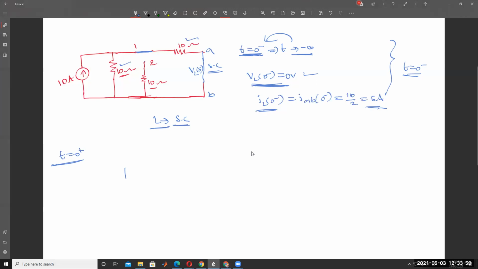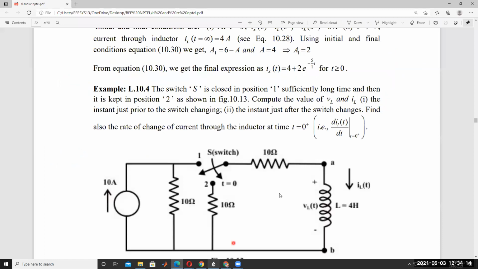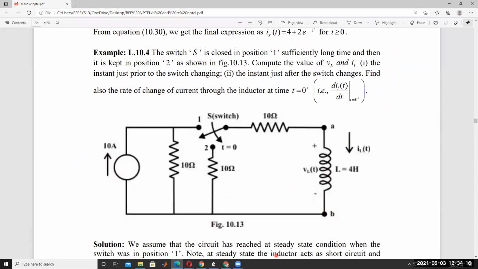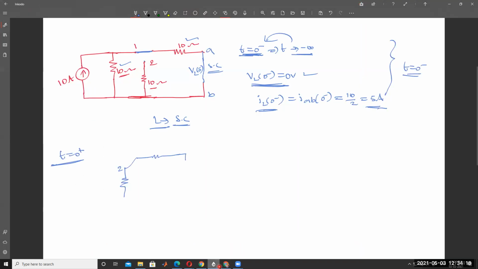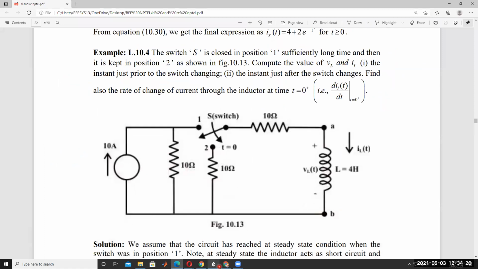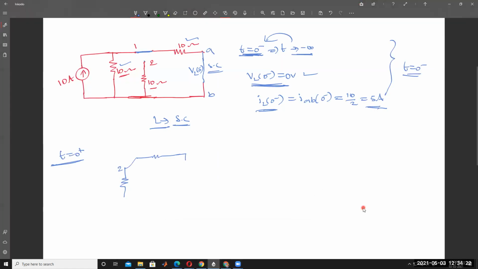This is the 10 ohm resistor. The inductor does not allow sudden changes in current, so it will be acting as an open circuit with a current source.